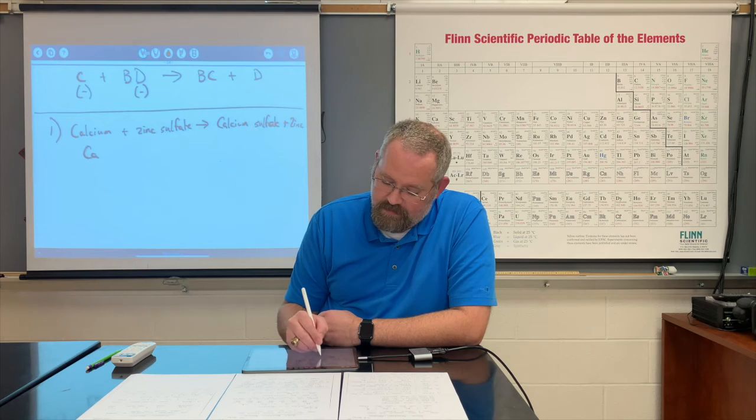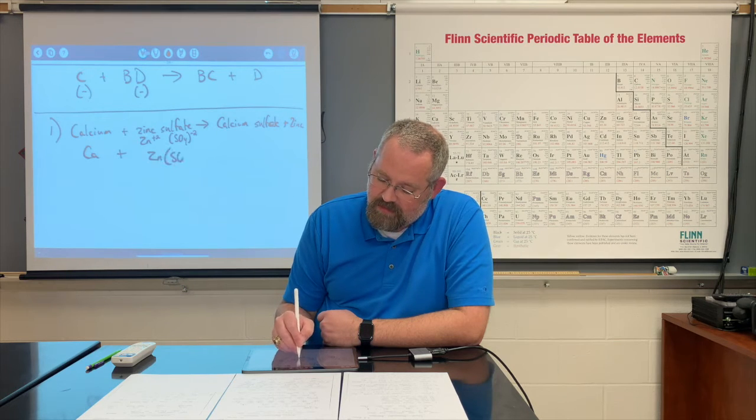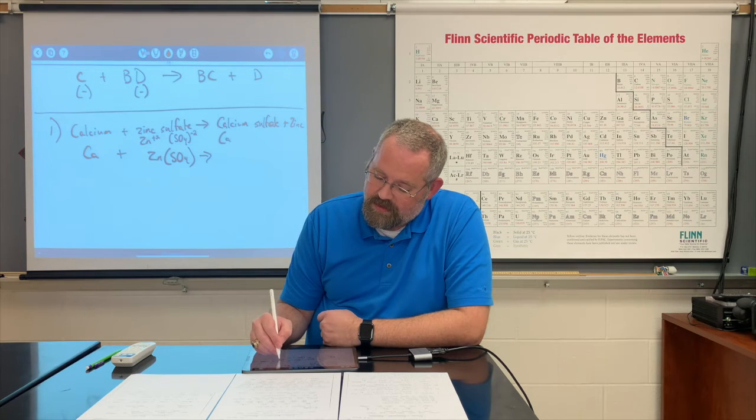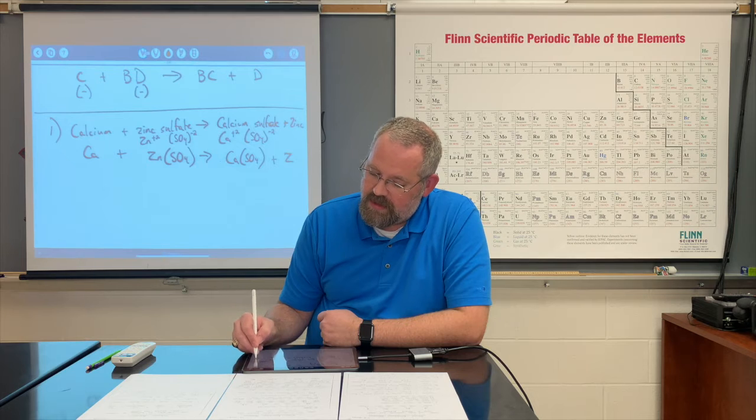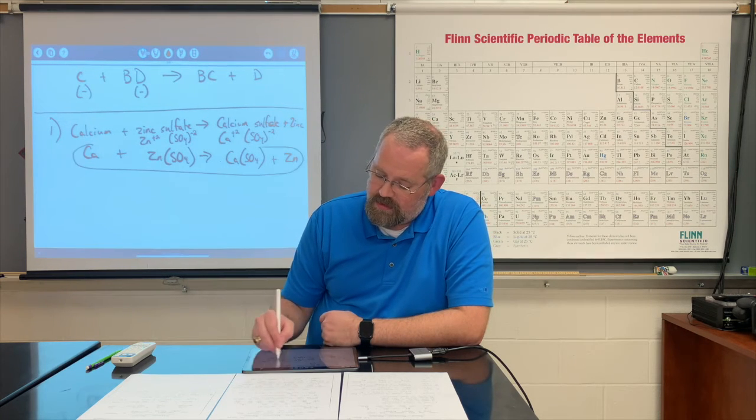I've got calcium and zinc sulfate. Zinc is a +2, sulfate is a -2. Put them together, I get ZnSO4. My 2's will cancel out. Calcium sulfate, calcium is a +2, sulfate is a -2. Put them together, I get CaSO4. My 2's will cancel out, plus zinc. And balance it, and it is good to go.